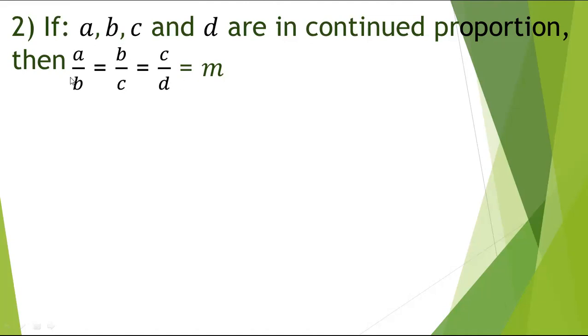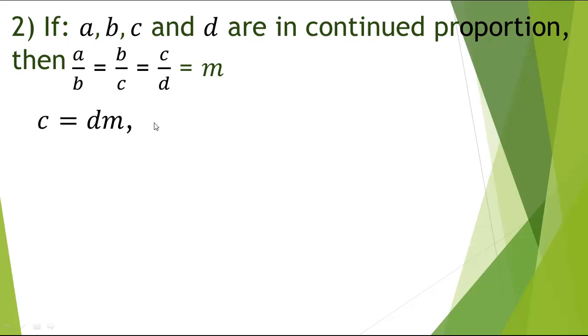Again, A over B, start from B again, B over C, start from C again, C over D equals M. This is the reason for its name, continued proportion.